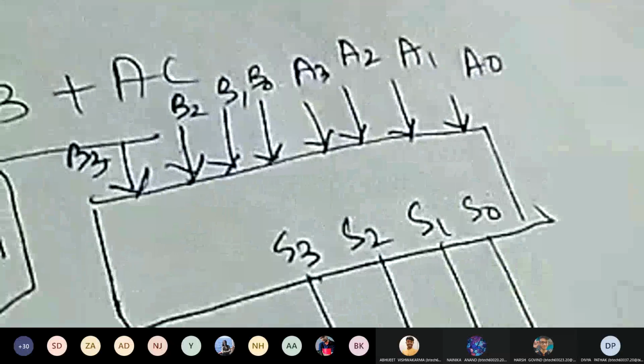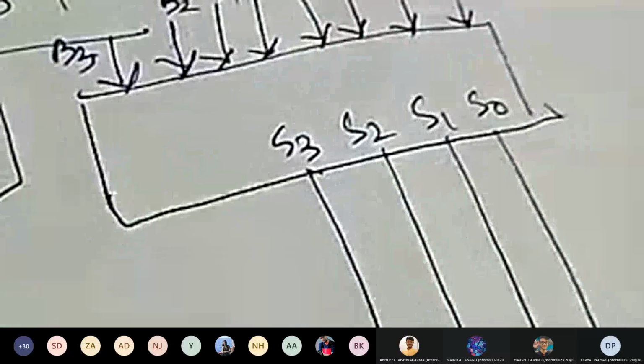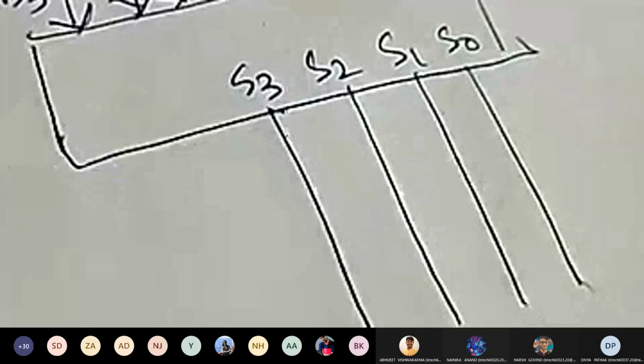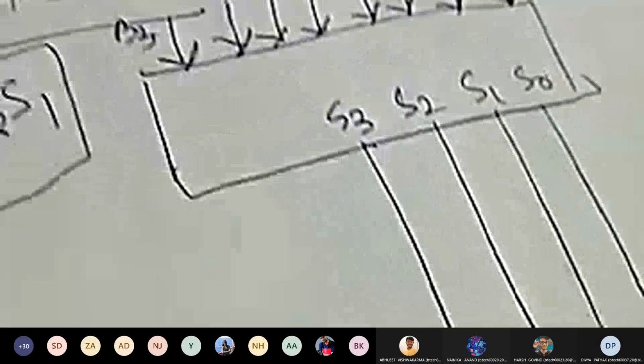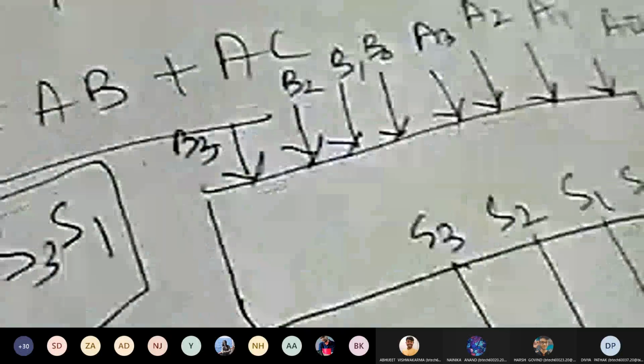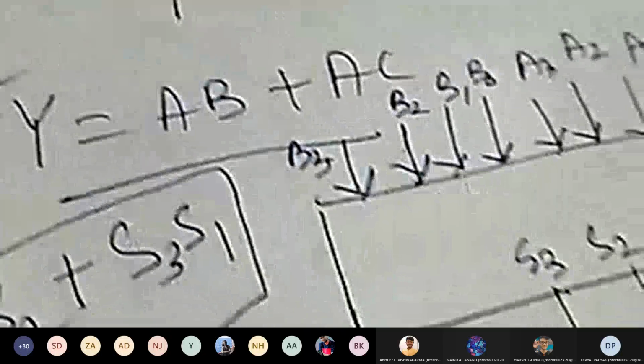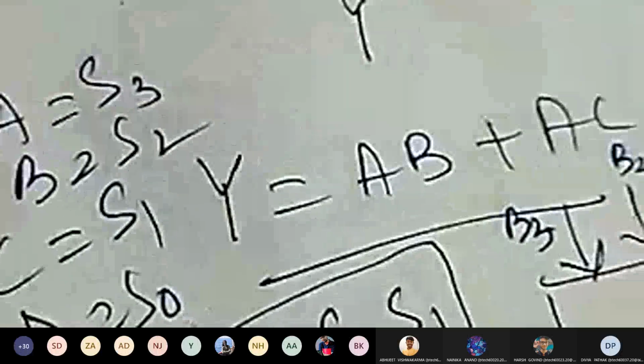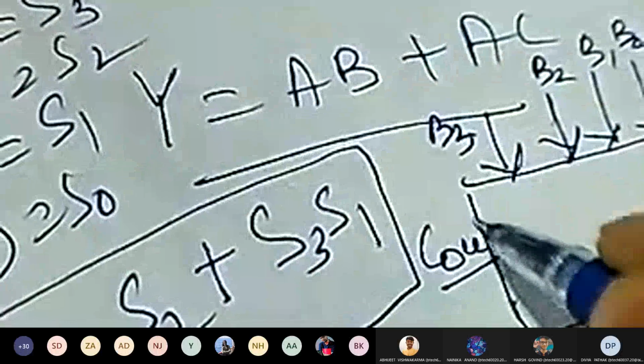Now, if it is exceeding 9, what will you do? You will add 0, 1, 1, 0. For that you have to take these expressions. So this is your C in, that is equal to 0 at first. And from here you will get a C out.